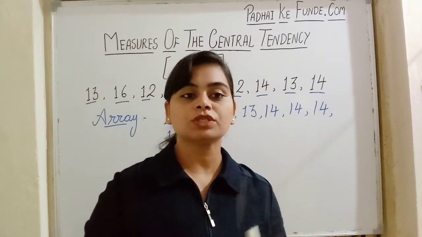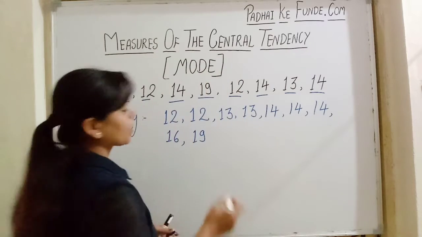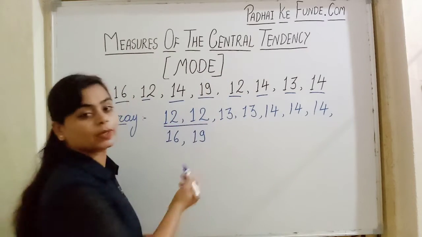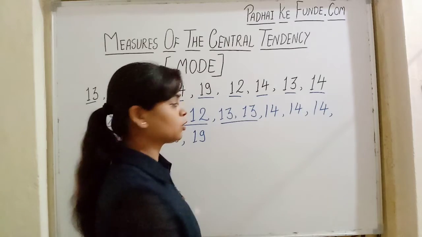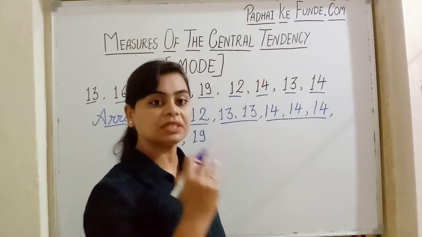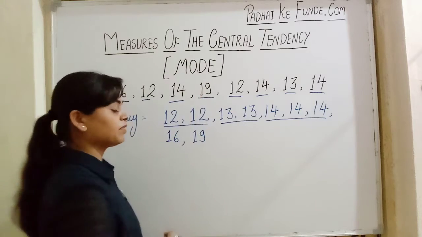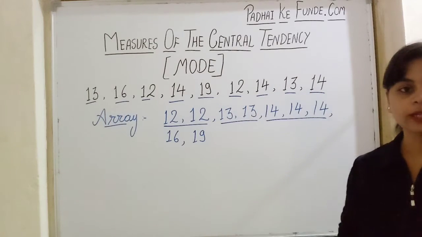That means which number is repeated here and how many times. We can see the observation 12 is 2 times here. Same with 13 also. Observation 14 is coming 3 times here. And then 16 and 19 are 1 time only.